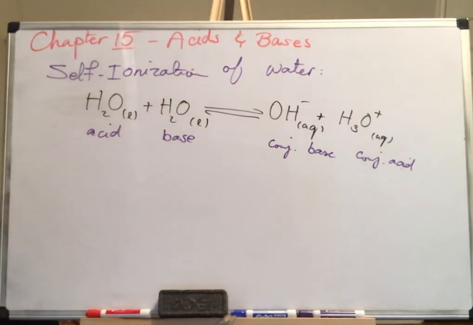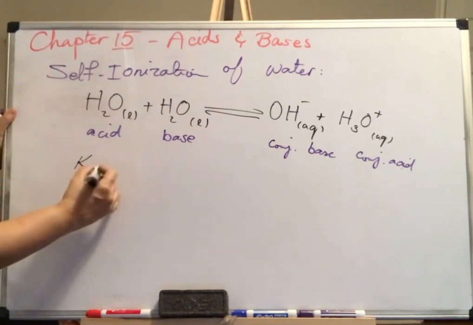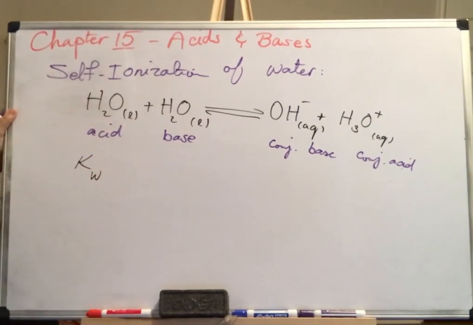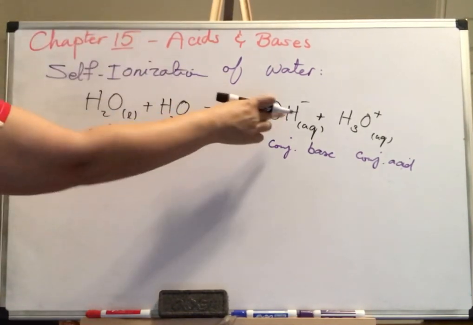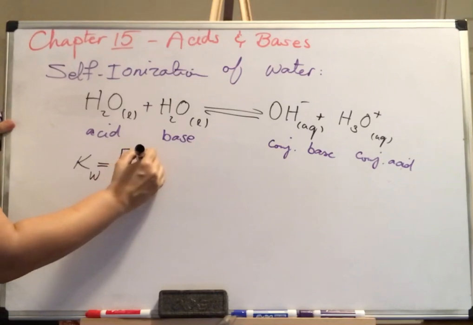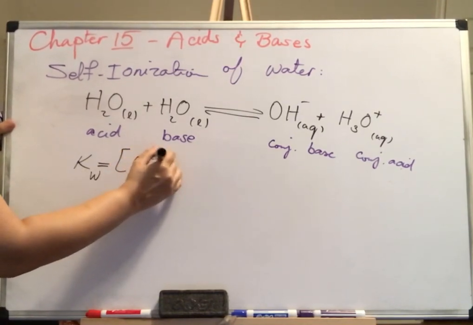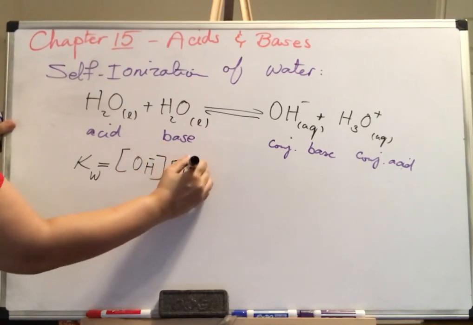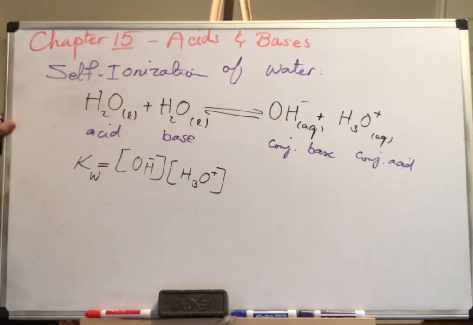For such a reaction, you can write K equilibrium, right? Because it's about water, let's name it Kw, W for water. So you remember that we need to put the molar concentrations of products to the power of their coefficients divided by the molar concentration of the reactants.